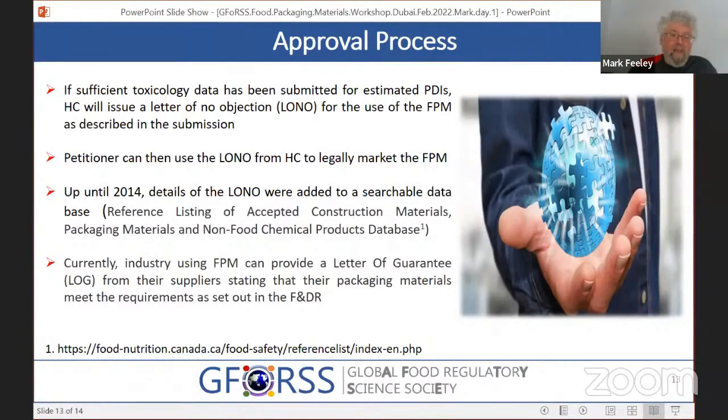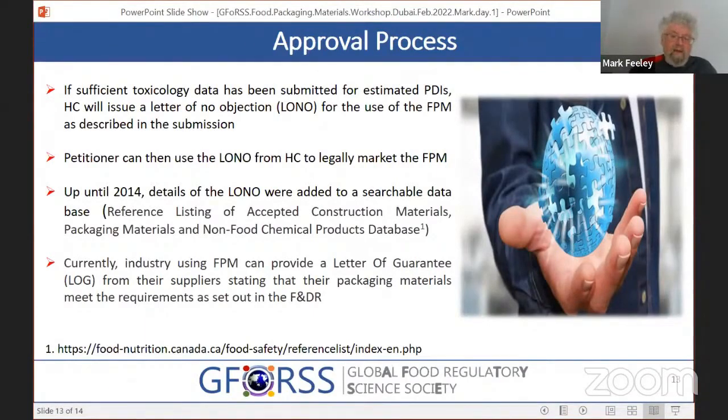So a potential client who wanted to purchase a packaging material for specific use, whether it be a film, a bottle, a container, whatever, could go to this database and see all the companies that have been provided the legal requirement to market their product in Canada, and I can accept that.